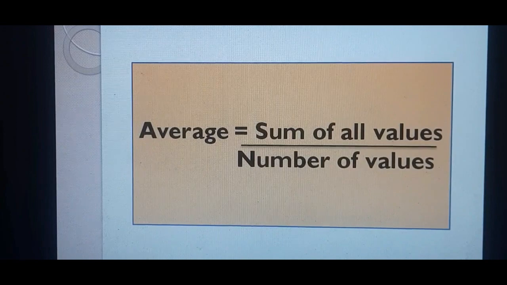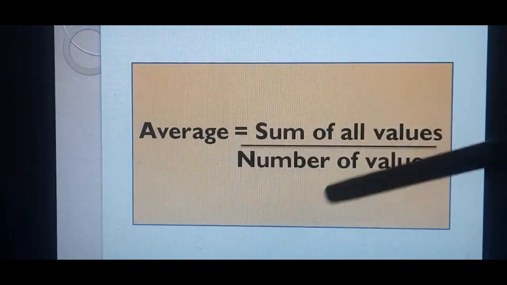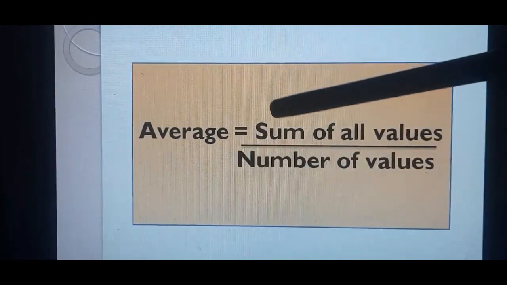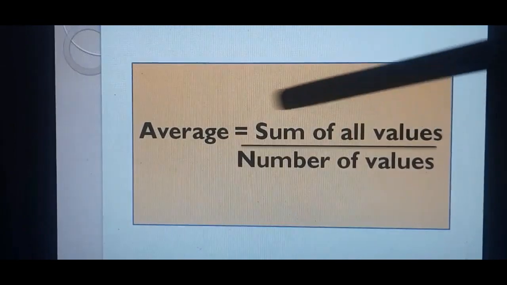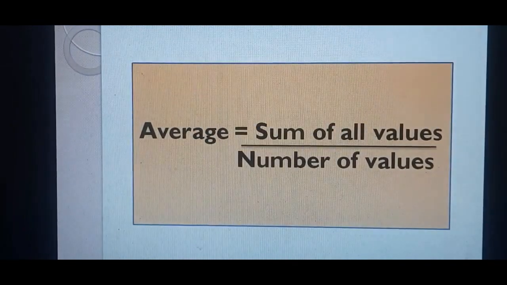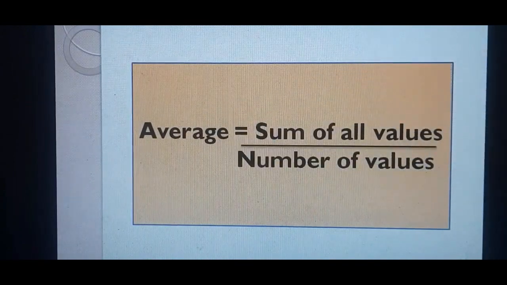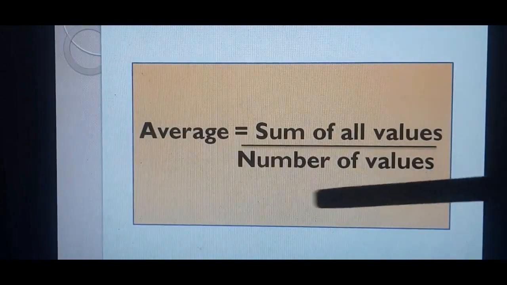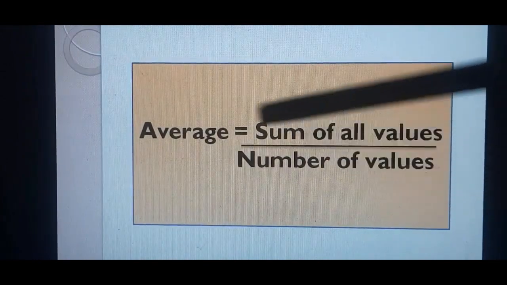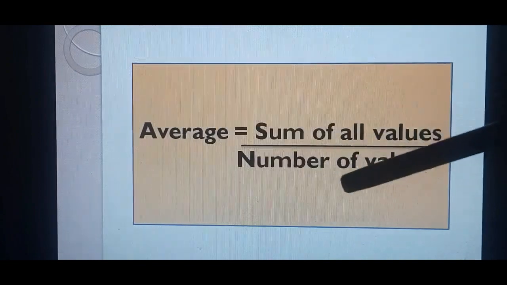Right? Now from this single formula, we can find out two more formulas. How to find out sum of all the values if average and number is given. Sum of all the values is equal to average multiplied by number of values. And if we want to find out the number of values, the number of values will come here and average will shift here.